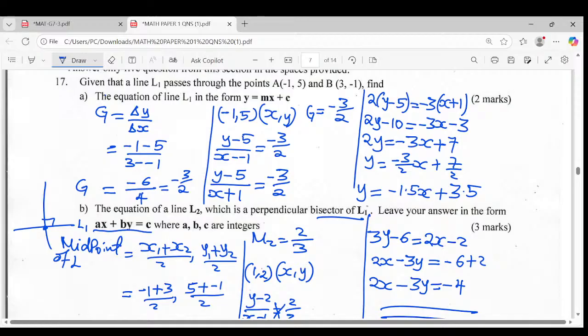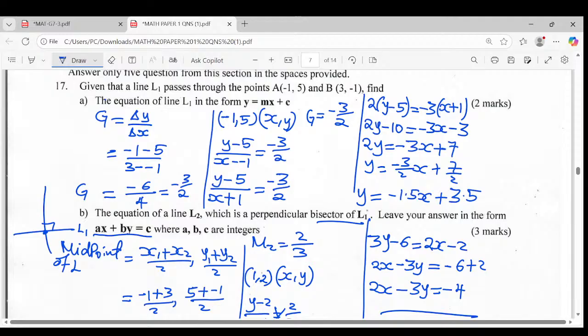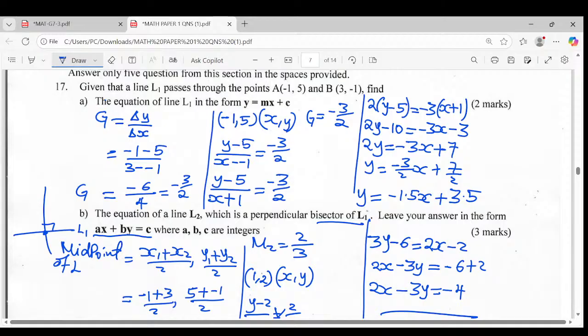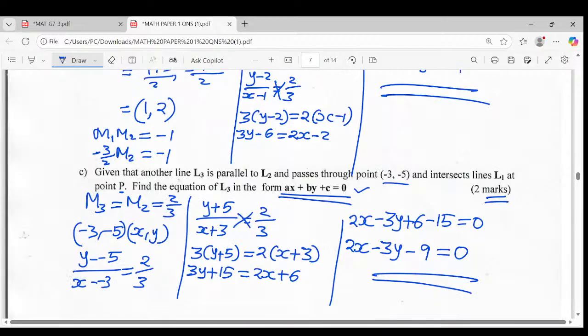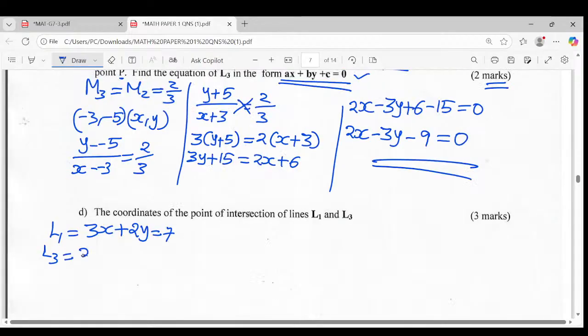I can rewrite it and say 3x plus 2y is equal to 7. That was the equation of L1. Now the equation of L3 here we have, if I write it in that manner, minus 3y.